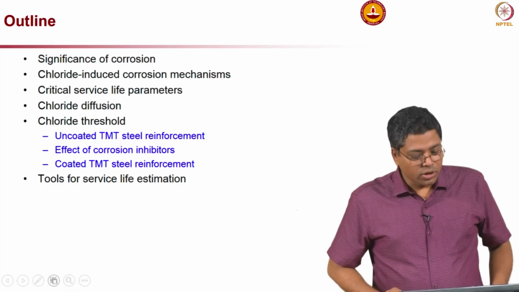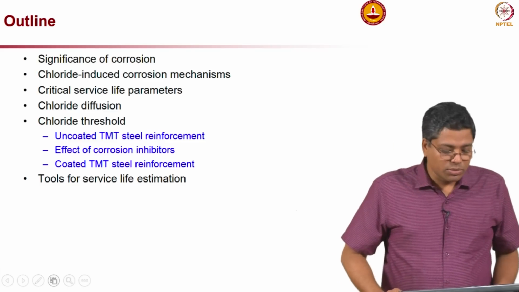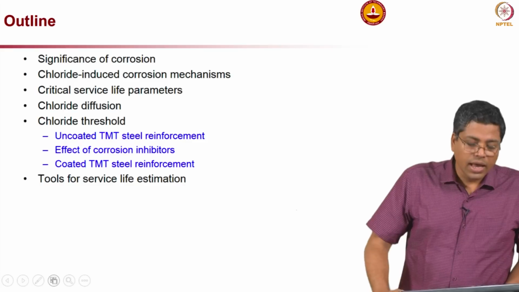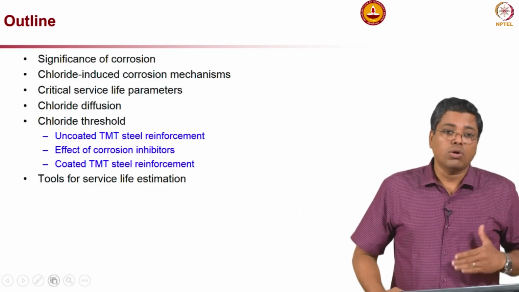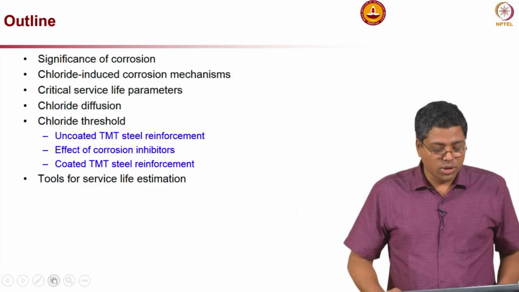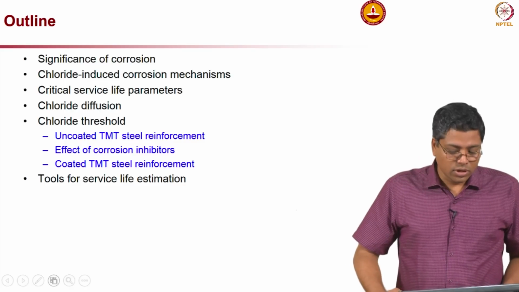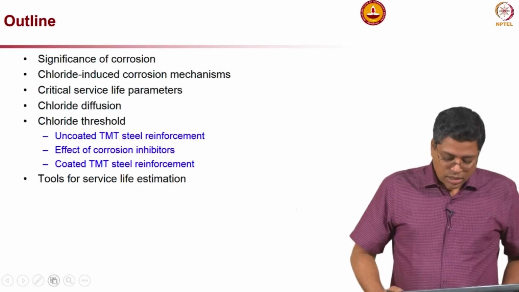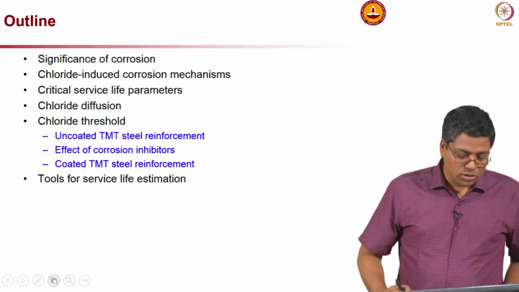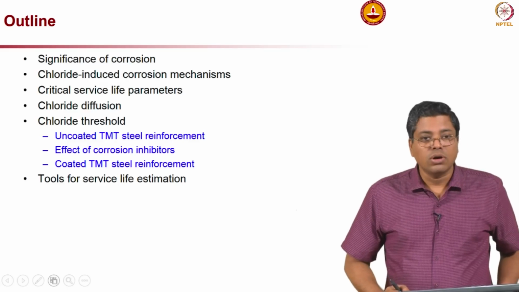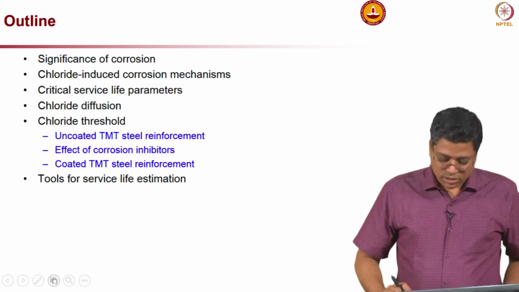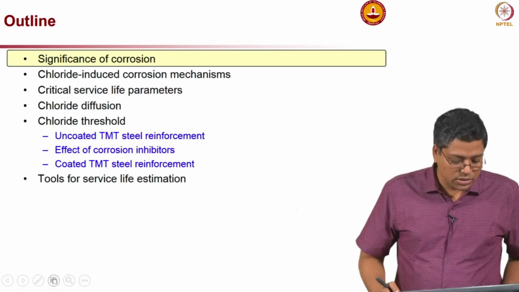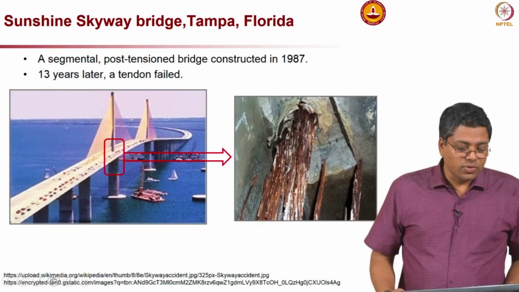When you talk about chloride diffusion, we look at different cementitious binder systems, and also when you talk about chloride threshold, we look at the coated rebars and uncoated rebars and the performance of corrosion inhibitors also. Then towards the end, we will show you some nomograms on estimating service life at the very early stages of design phase.